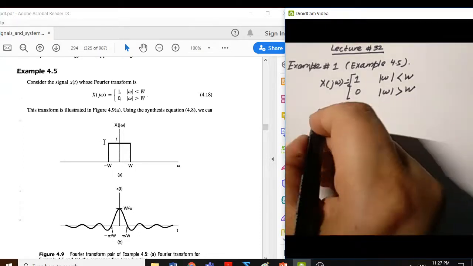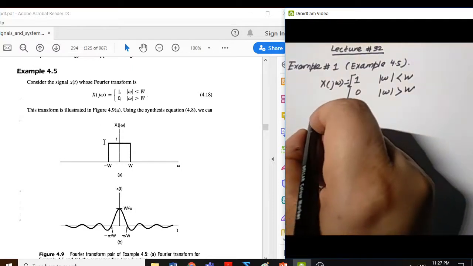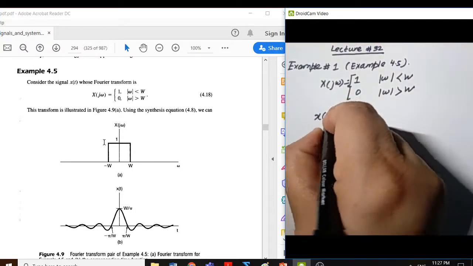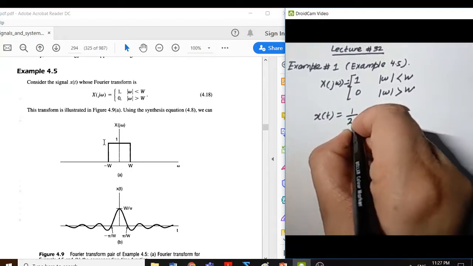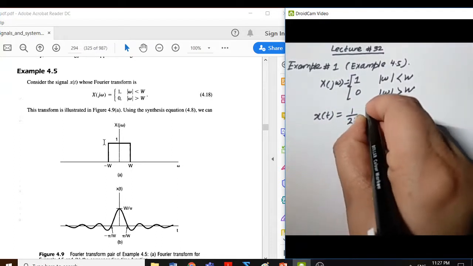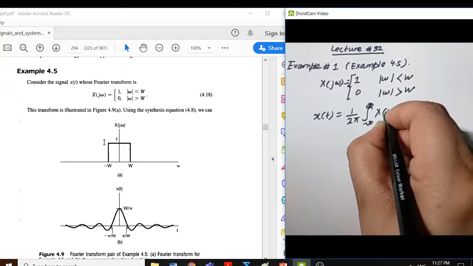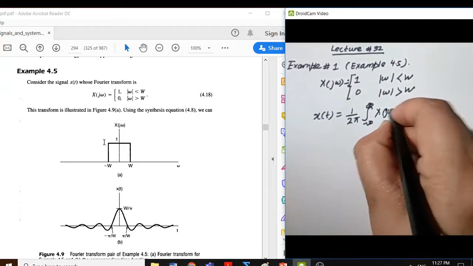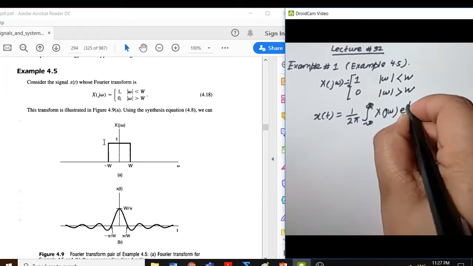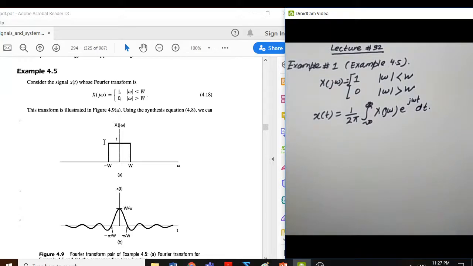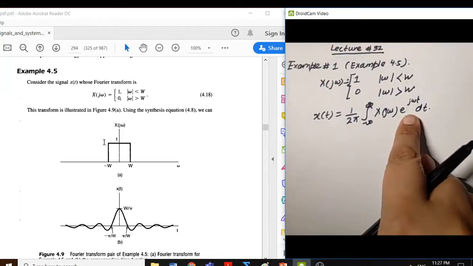So to determine the inverse Fourier transform, we use the formula x of t is 1 by 2 pi integrating from minus infinity to infinity, because the spectrum we expect exists from minus infinity to infinity. And for the inverse transform, we always take a positive exponent, multiplied by positive exponential.